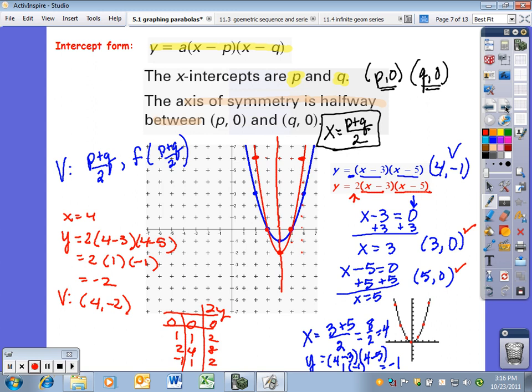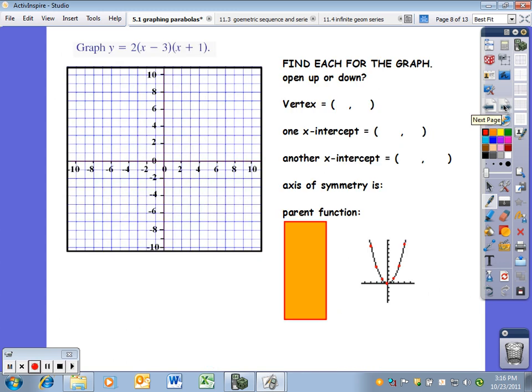So let's try a graph in intercept form. How do I know this is intercept form? Because I have all of these factored. My a is a positive 2, so my graph should open up. My vertex has to be halfway between my intercepts.